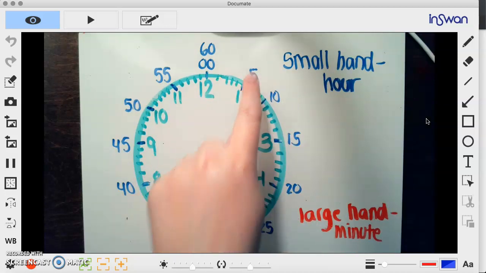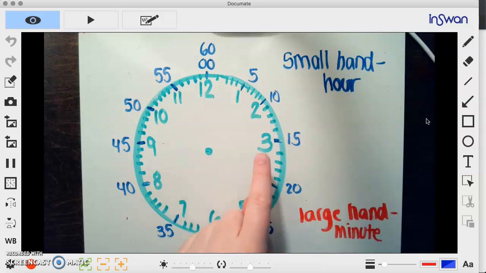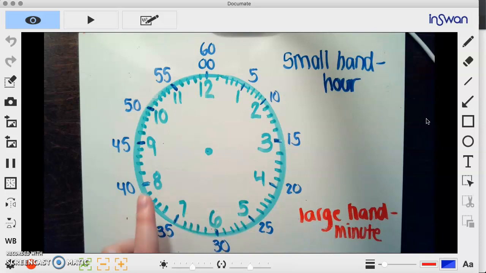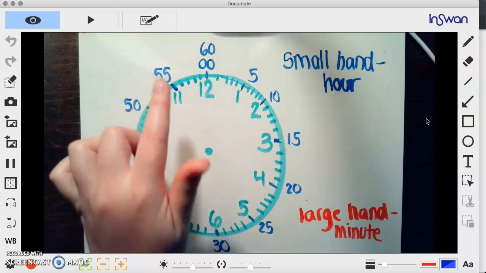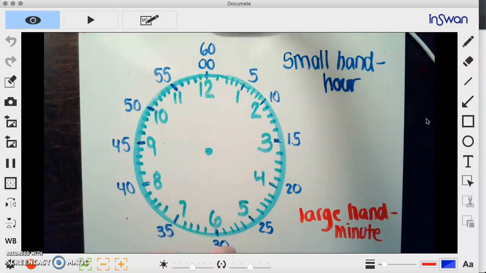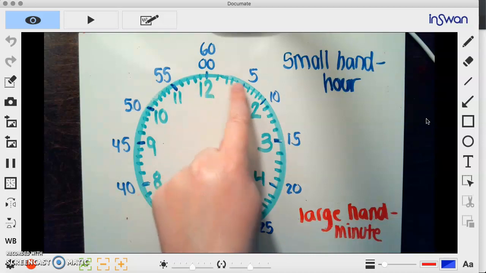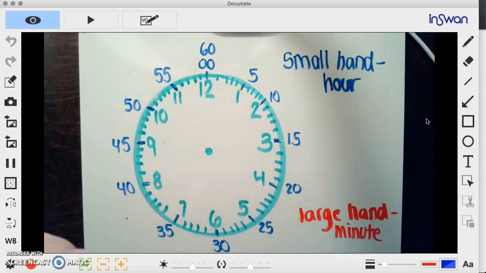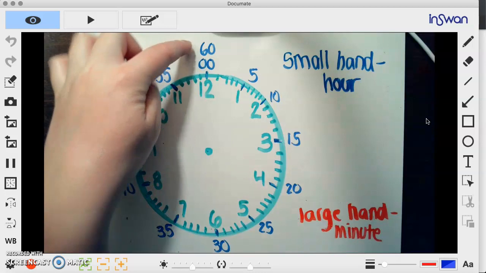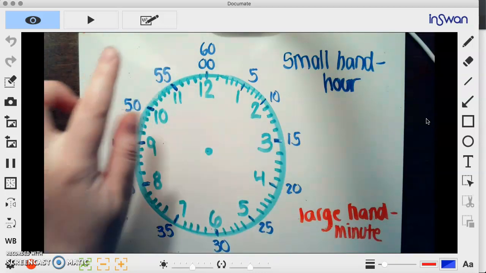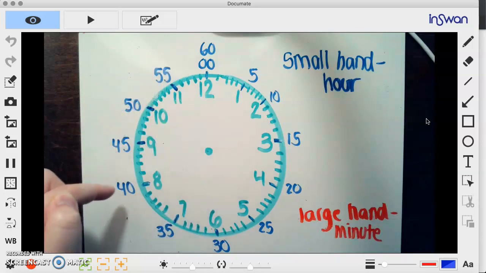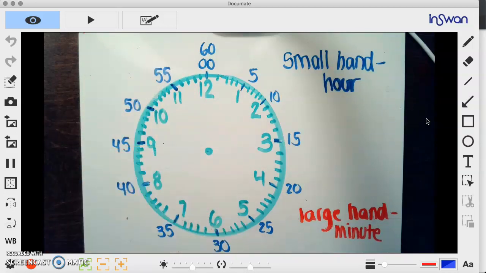So at 1, it's been 5 minutes, 2, 10, 3, 15, 4, 20, 5, 25, 6, 30, 7, 35, 8, 40, 9, 45, 10, 50, 11, 55, and 12, like I said, if we're starting on there and working this way, it's 0, but it is representative of 60. There are 60 minutes in an hour. So if I'm counting back, it's important to know that it's representative of 60.